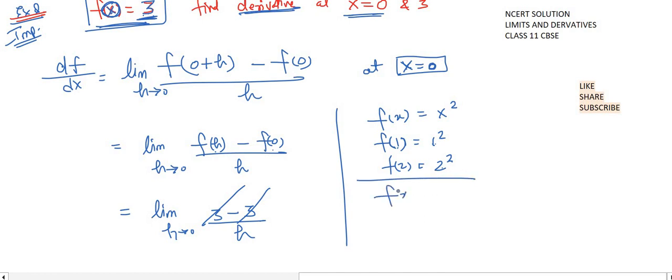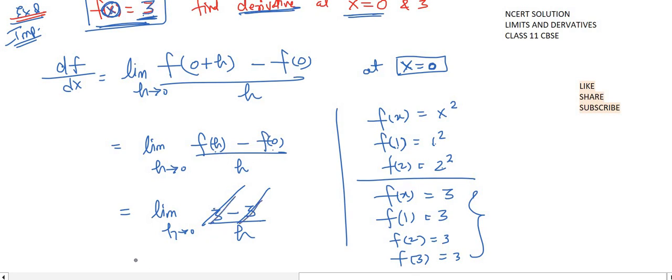But if it is given that f of x is 3 only, then f of 1 is also 3, f of 2 is also 3, f of 3 is also 3, because it's a constant, it's the same everywhere. That's why I have used f of h as 3, f of 0 as 3, and 3 cancels. So the answer is 0.